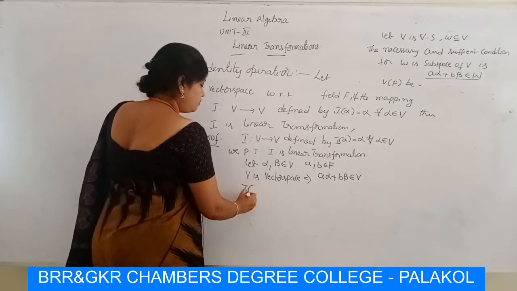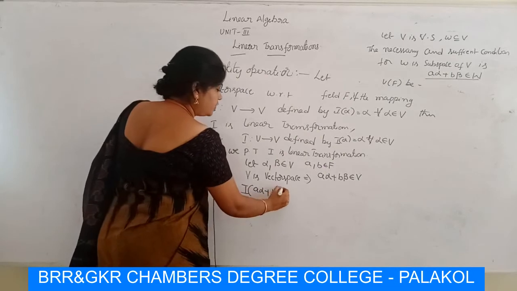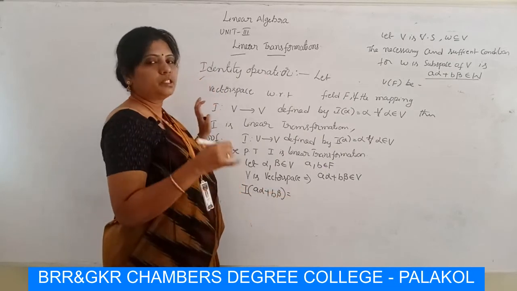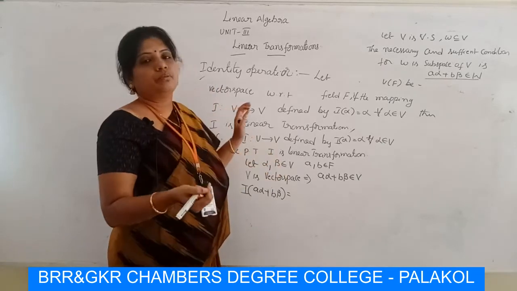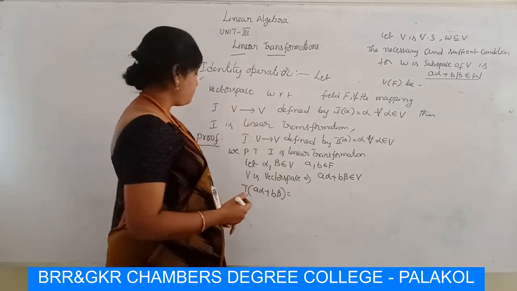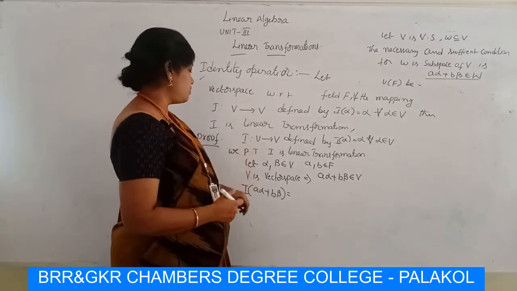The definition of a linear transformation is T of A alpha plus B beta is equal to A into T of alpha plus B into T of beta. So we have to prove that this property is true for this transformation.